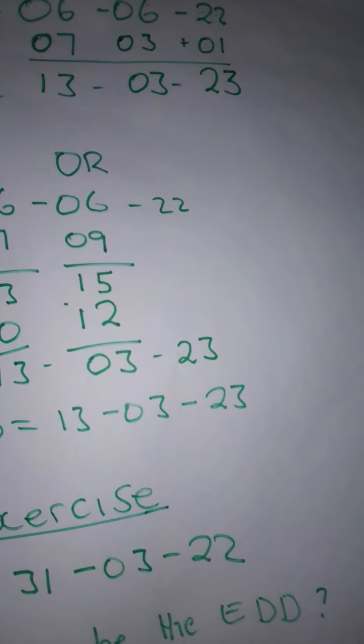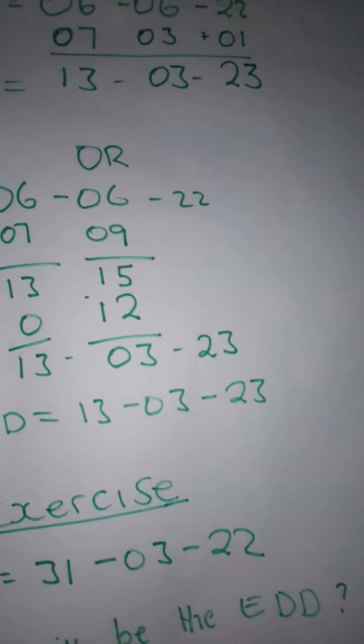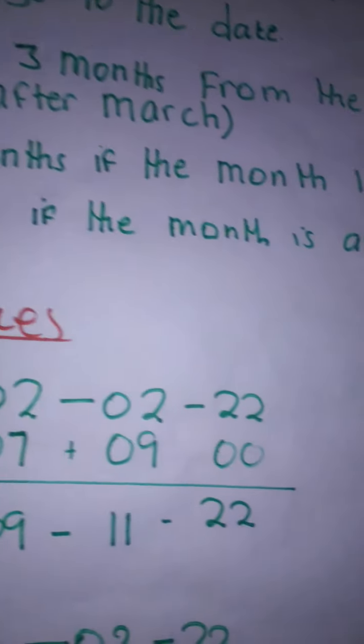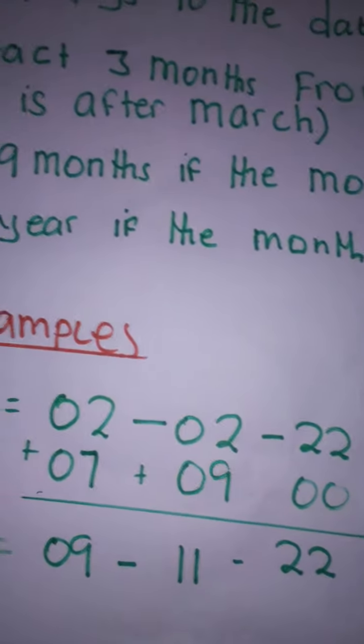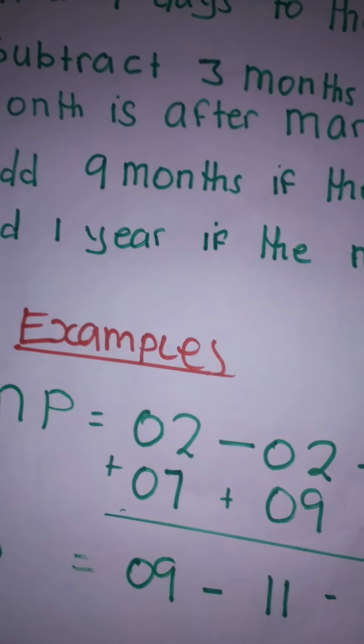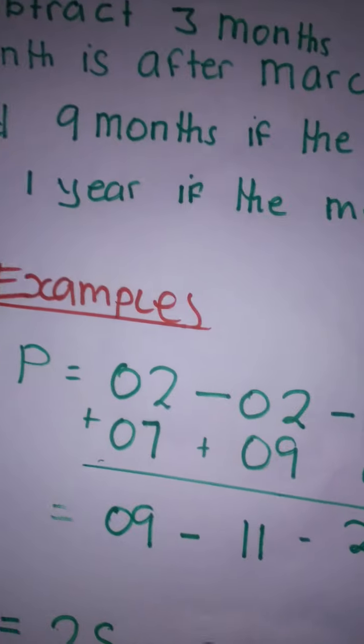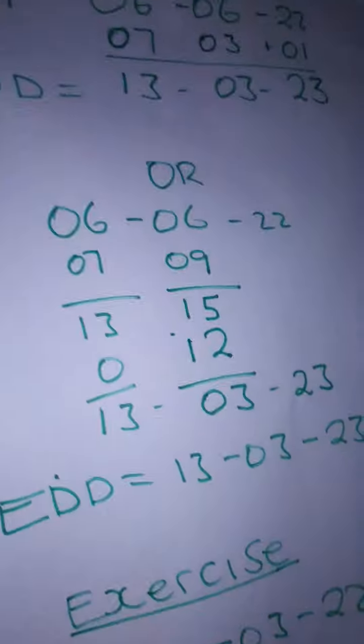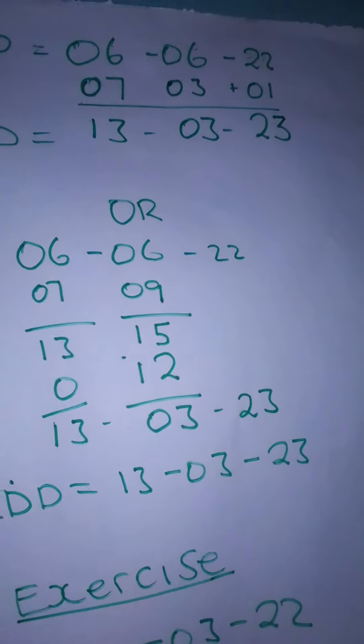Then on the year we are going to add 1. Remember I said you subtract 3 from the month if the month is after March, and you add 1 year if the month is after March. So this is June, which is after March.